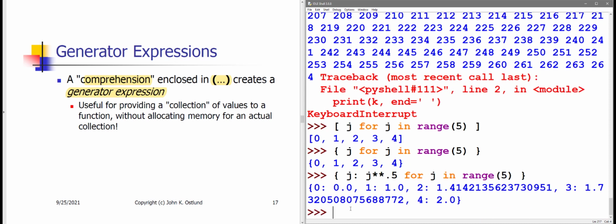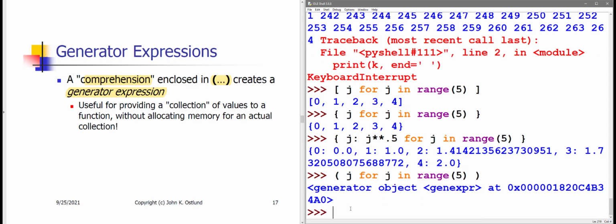All right, but if I try to create a tuple comprehension, I get a generator object. Okay, I don't get a tuple.